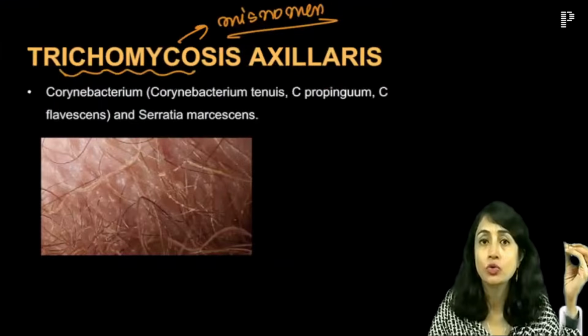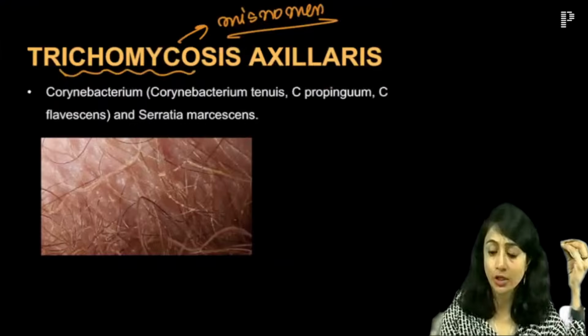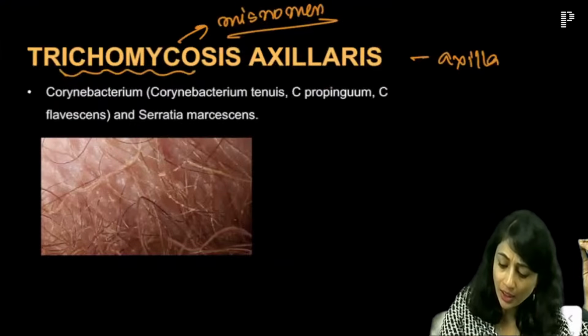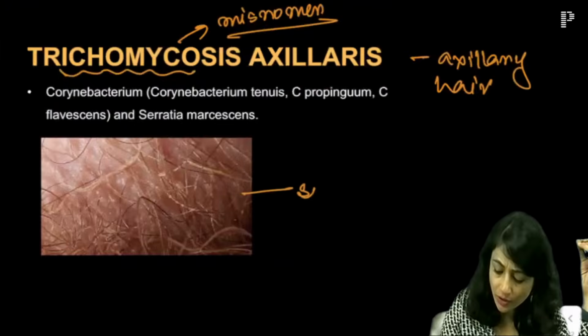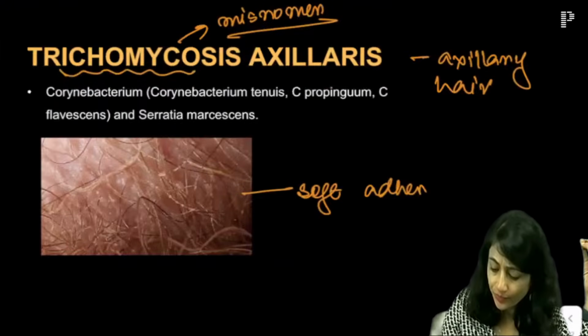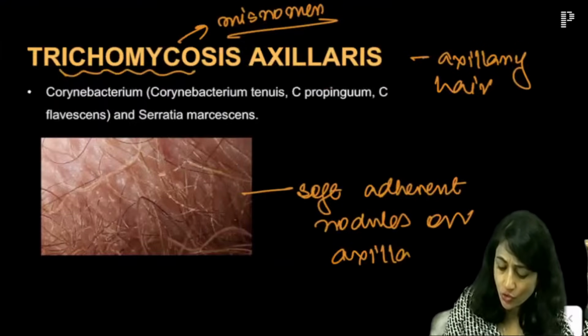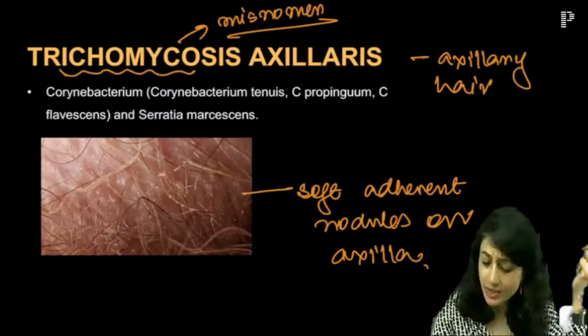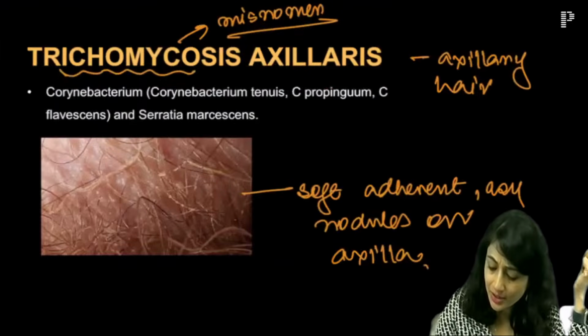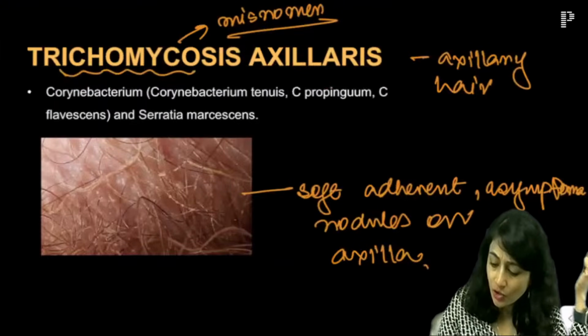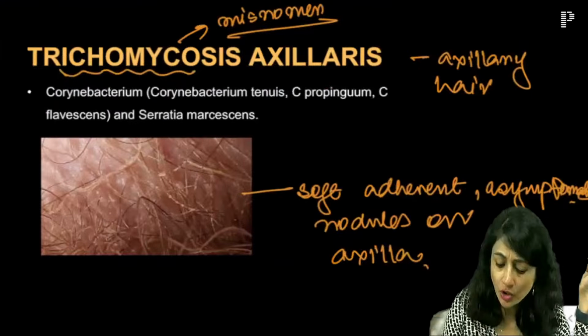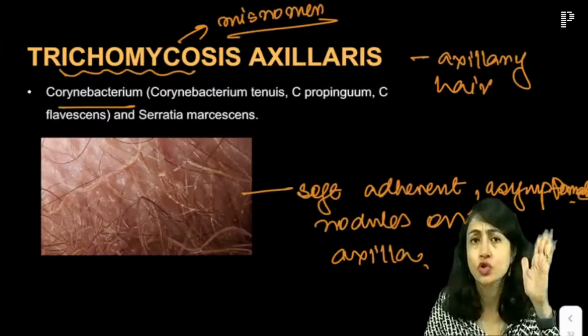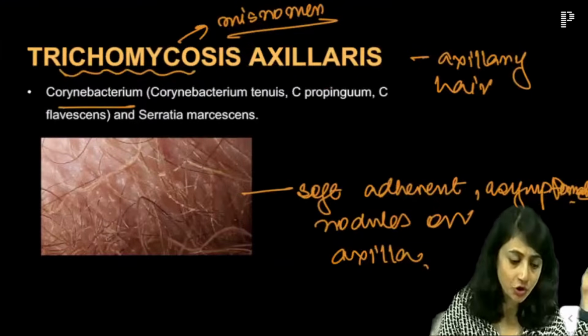Trichomycosis axillaris, as the name suggests, affects the axillary hair, and it presents with soft, adherent, asymptomatic nodules on the axilla. Again, it is caused by Corynebacterium, so you should be able to identify this image.